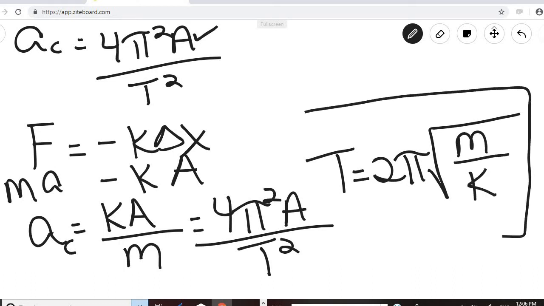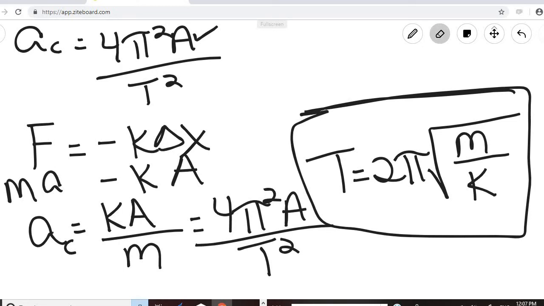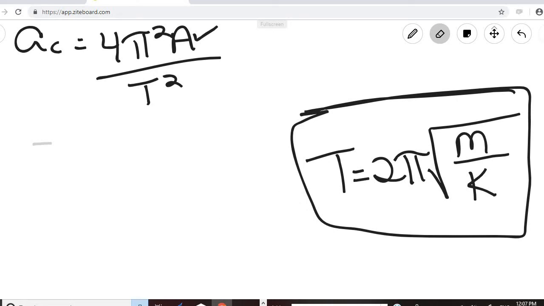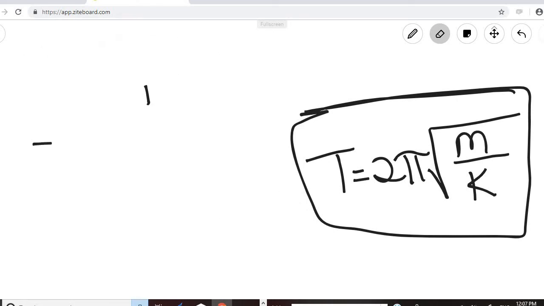So even if you didn't understand how we got there, this equation is really important, and what it tells us is that the period, T, is only dependent on two things. And what is that? The period is only dependent on the mass of the object and the strength of the spring.